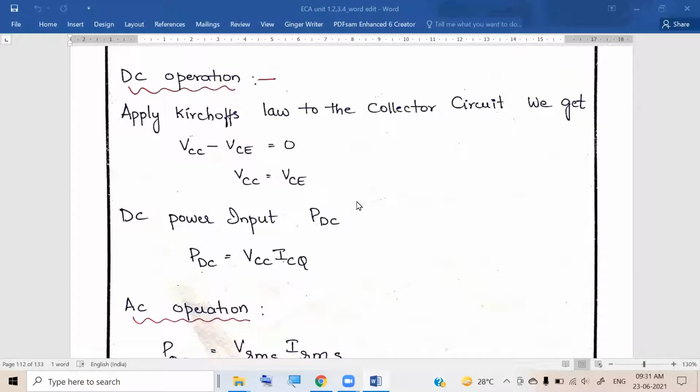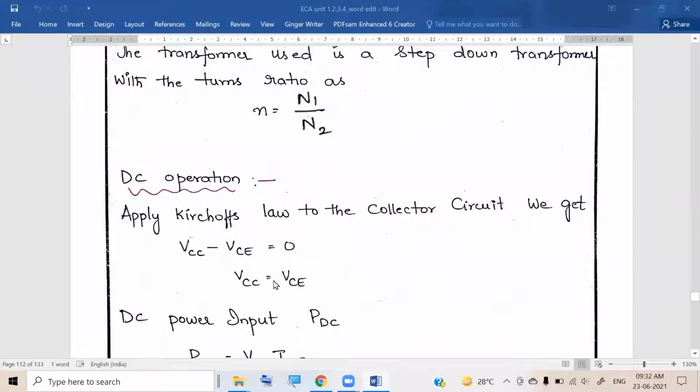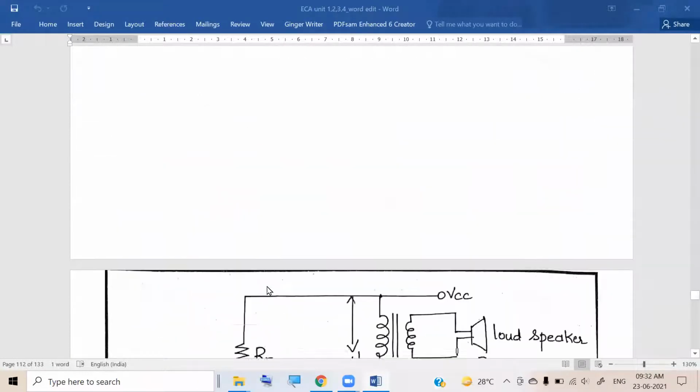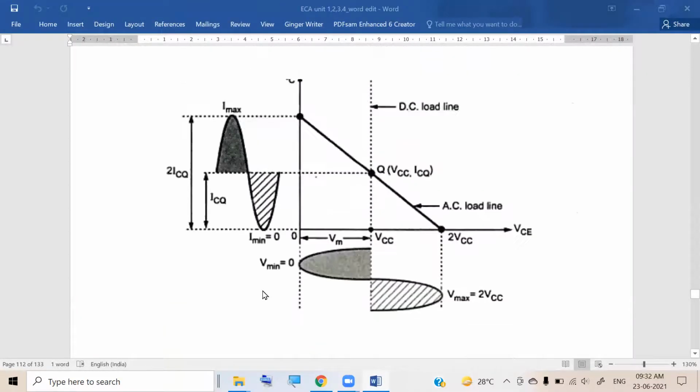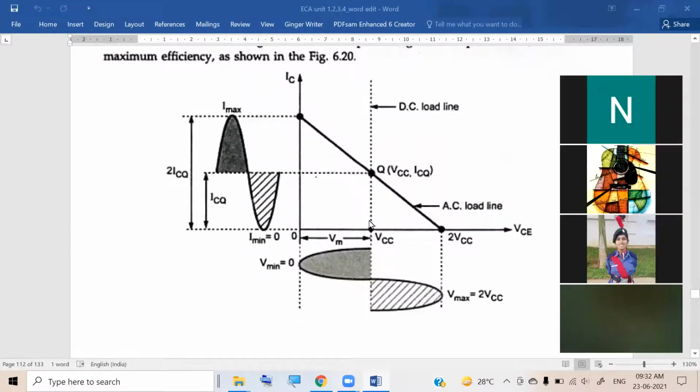Any other different thing? The slope line, sir. Okay, I will tell you the answer. This is VCE is equal to VCC. So if you plot that, you will get a line parallel to y-axis.